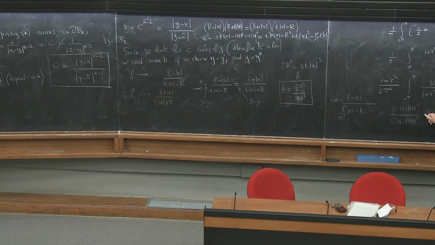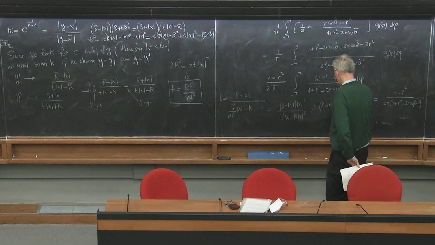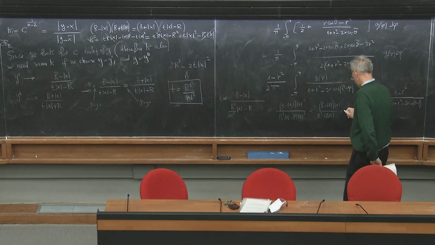So if I'm not wrong, this seems to be, now we should check, square minus rx. So it seems to be x divided by r.